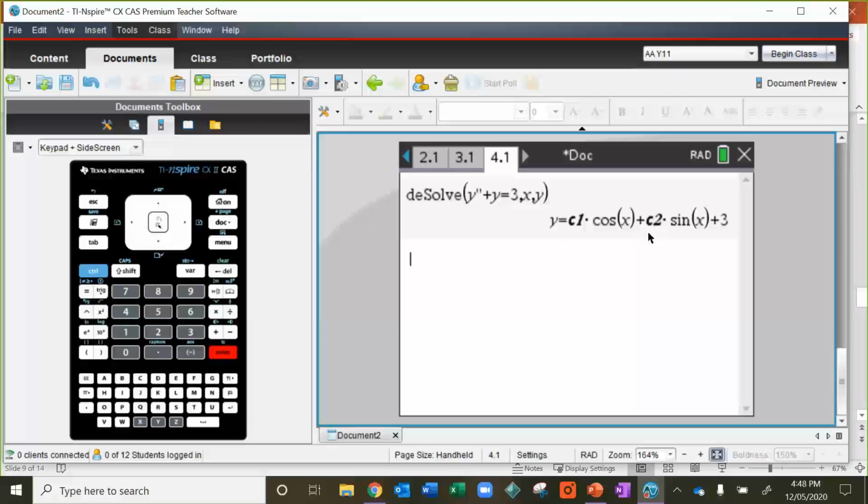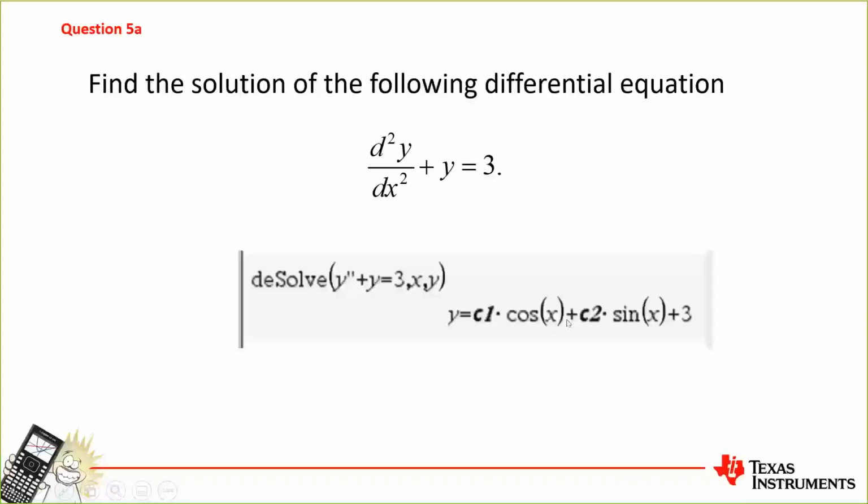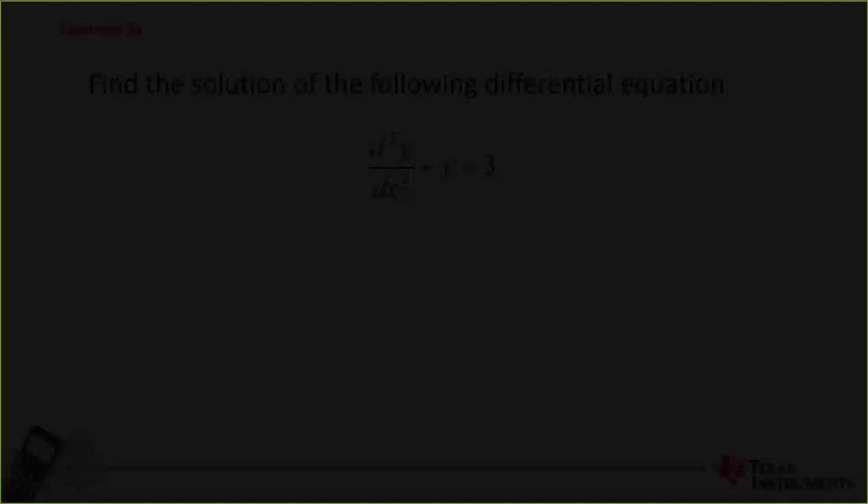It's really important to remember, if it's done by hand, you have to find the first constant first and then the second, not both constants somewhere at the end. So that is our solution here. In the exam, you could see A and B and other letters in questions. So that's okay.